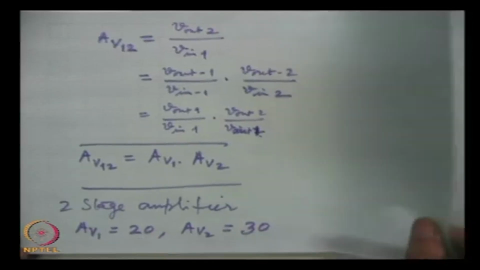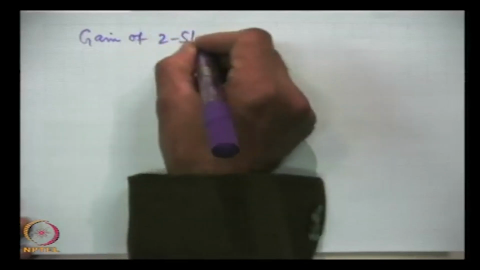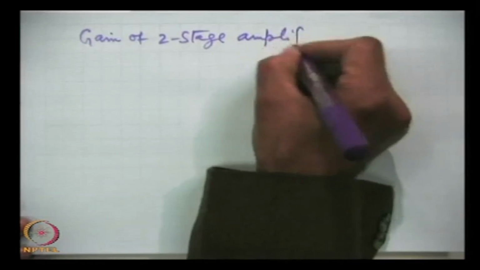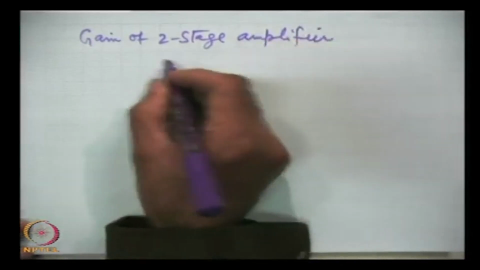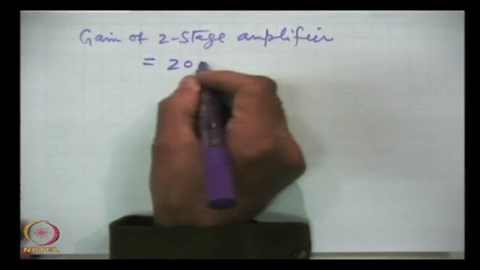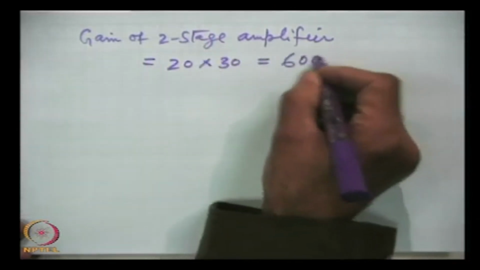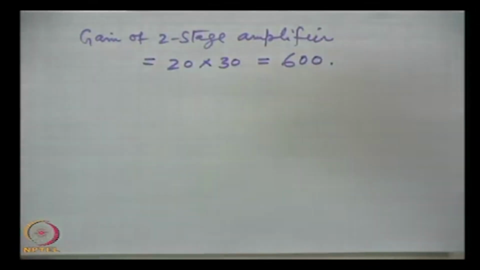Then gain of the two stage, that is multi stage amplifier, that is the product of the two. So, 20 into 30, this is 600, it is the product.